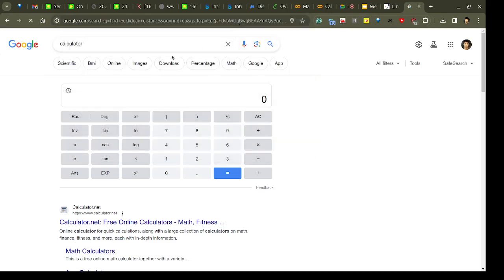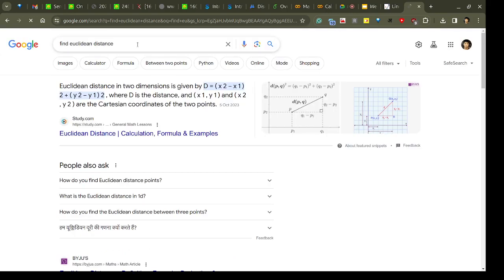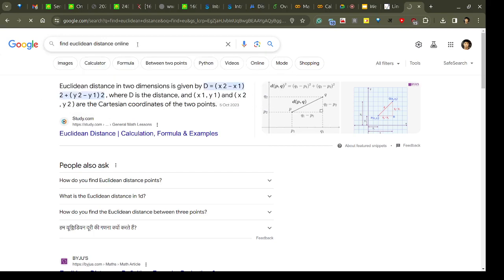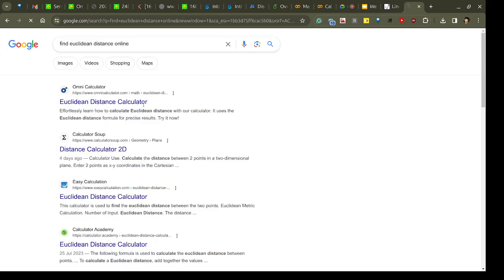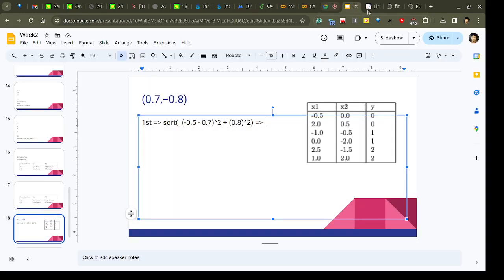Let's use an online calculator to do it quickly, because we need to do it for multiple points, for 6 points actually.